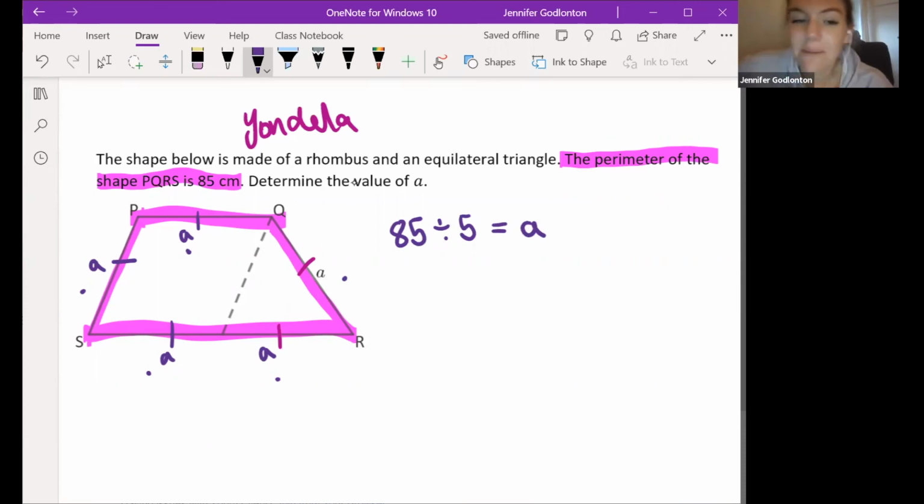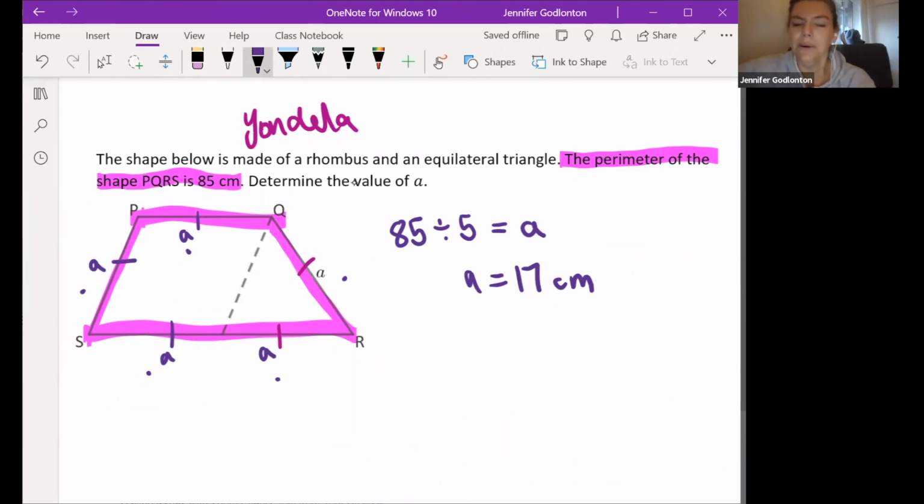Nico was wanting to divide by 6 because of this line in here. I understand that reasoning, but because it's a dotted line, it's not part of our perimeter. So we're not going to include it as one of the things we divide by. And so we get a lovely answer of 17 centimeters.